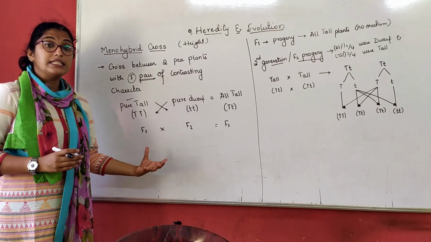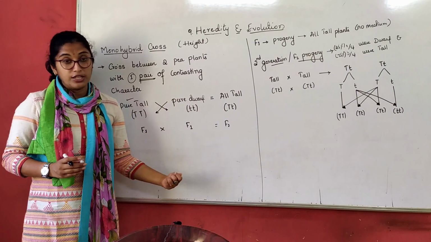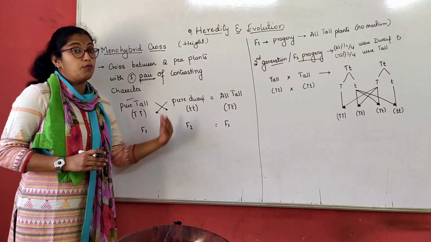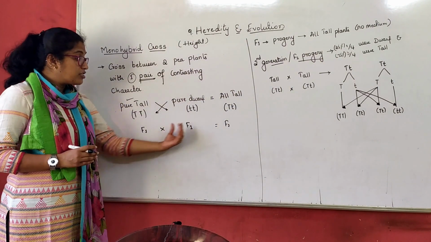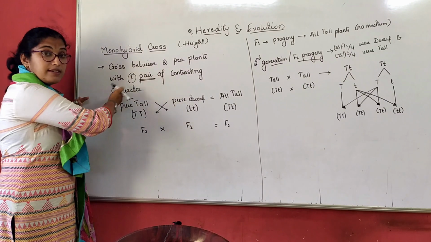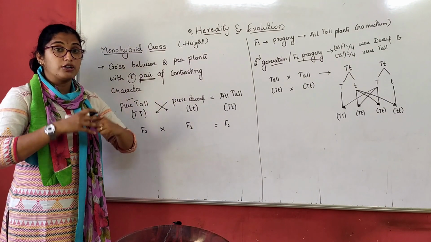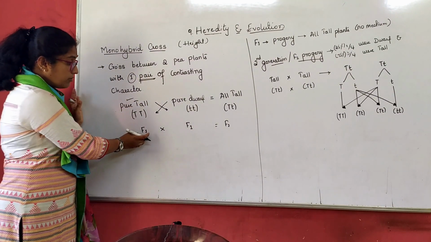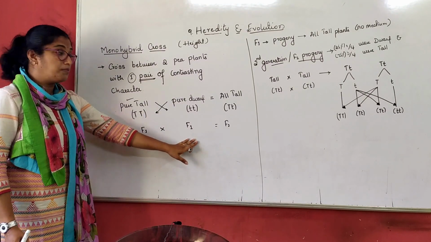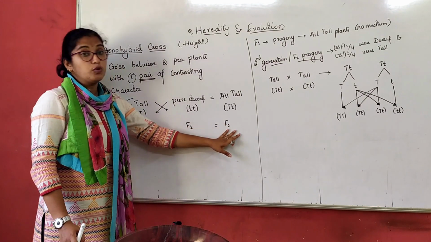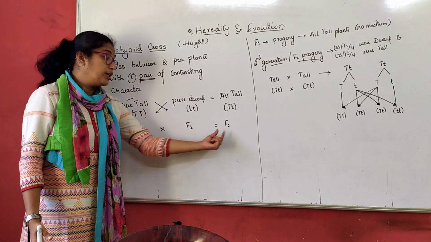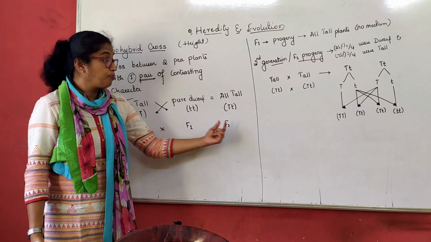That means these are the first generation, or F1 progeny. What do we get? This is the first generation, where he has chosen pure tall and pure dwarf. When we crossbreed the first generation plants, we get the F2 generation. That is, we get the progeny of F1, which is nothing but F2, right?